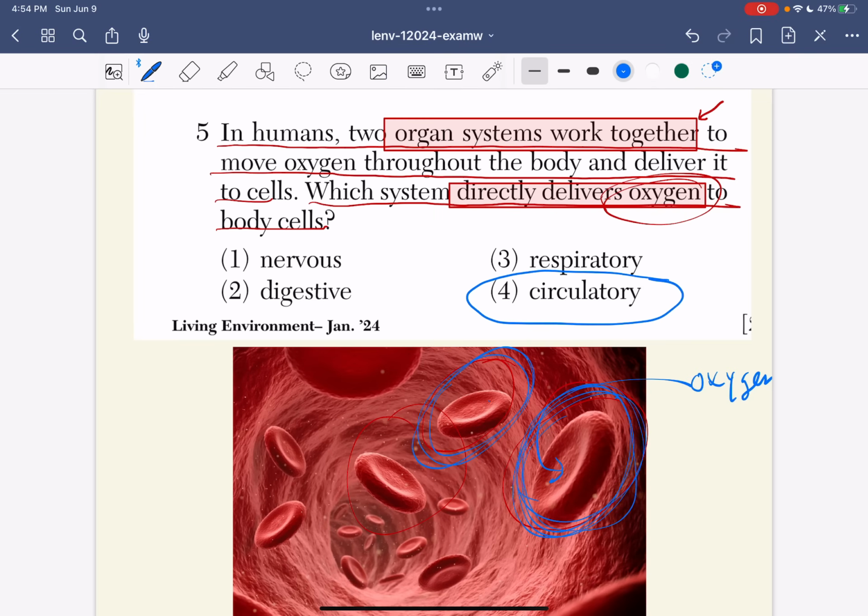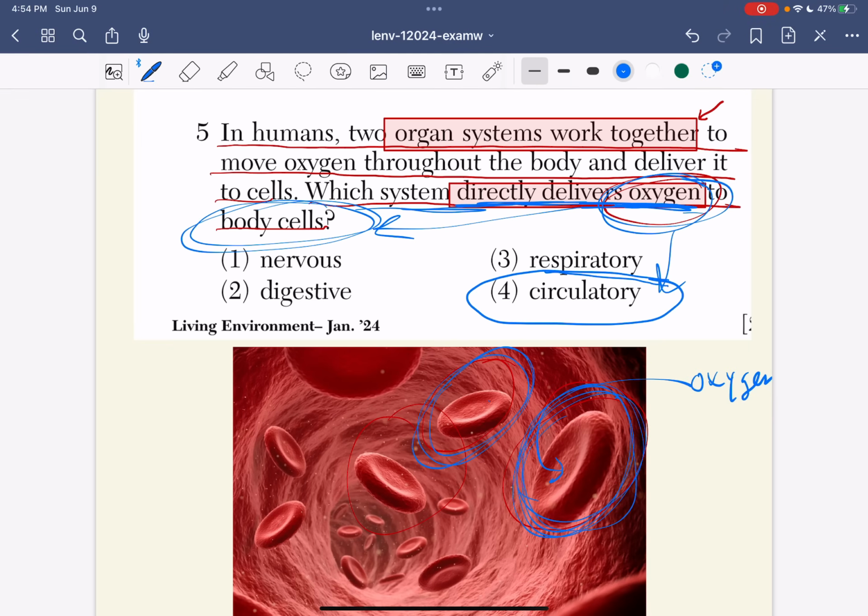So the human body system that directly delivers oxygen to your body cells, to cells, is the circulatory system. To bring oxygen into your body, period, that's using your lungs, and that's the respiratory system.